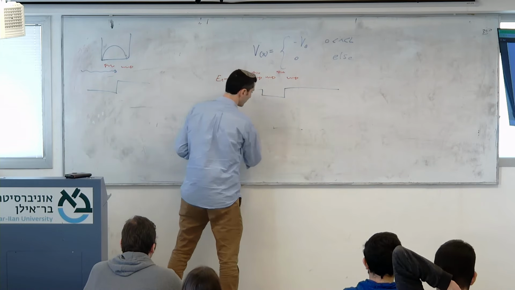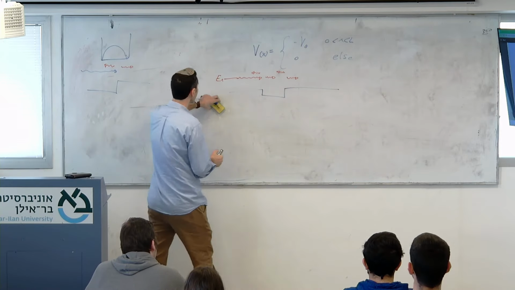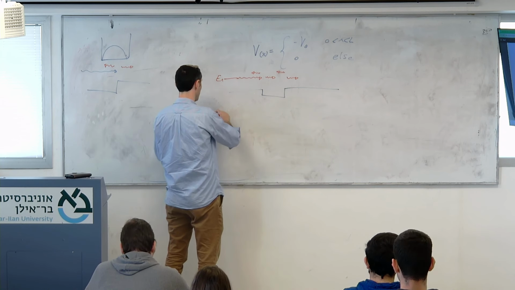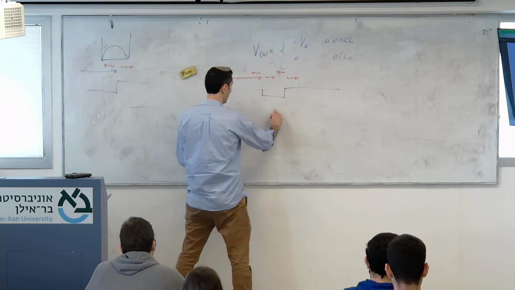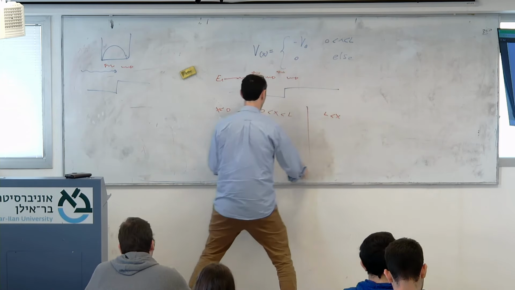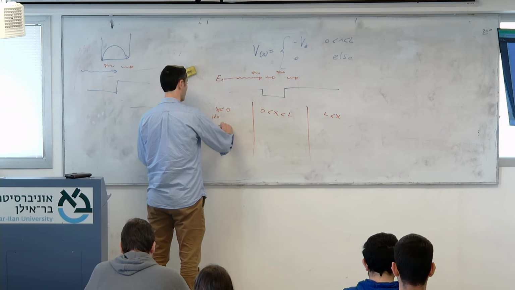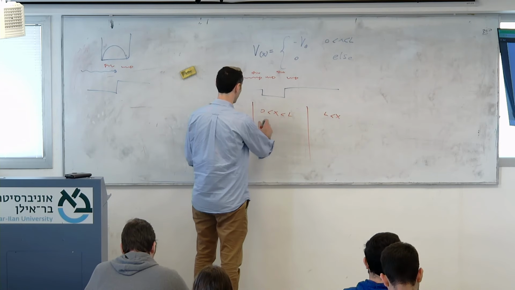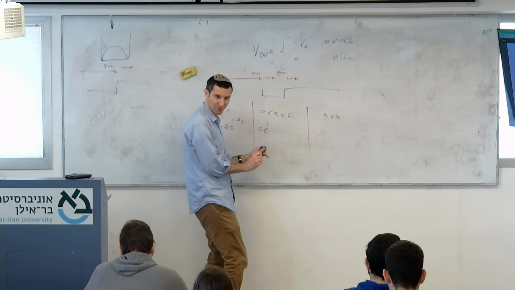What would be the solution here? Well, here I have e to the ikx. Here we have psi equal to a e to the ikx plus b e to the minus ikx. Here we would have c e to the iqx plus d e to the minus iqx. It won't be the same k, right?